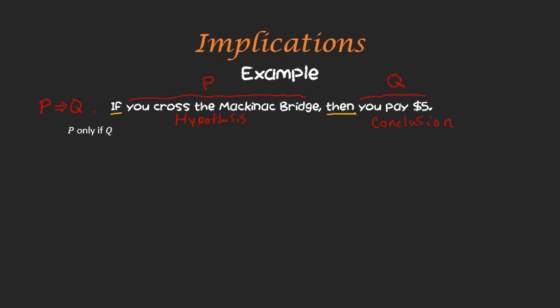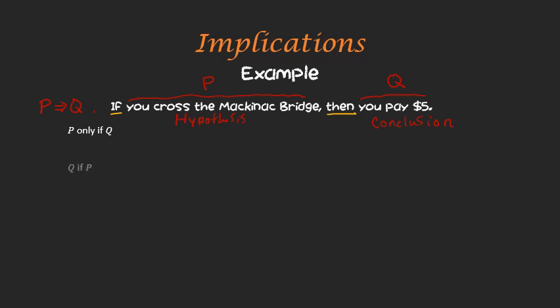Well, I could say something like, you cross the Mackinac Bridge only if you pay $5. The Mackinac Bridge is a toll road. This implication is true. Anytime you cross the Mackinac Bridge, it follows that you have to pay $5. Another way to say that is that you cross the Mackinac Bridge only if you pay $5. So it's an equivalent way to say it.